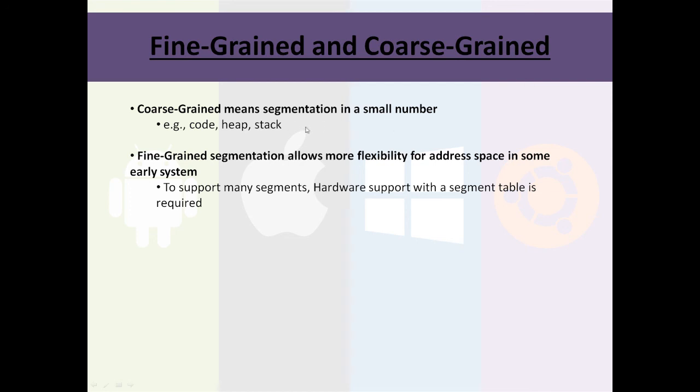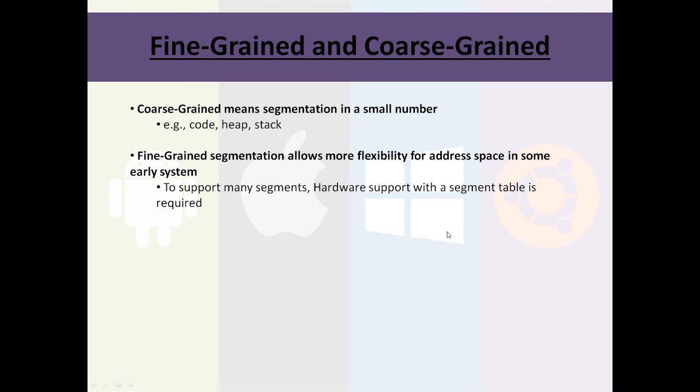But there are systems today which utilize a more fine-grained segmentation approach, which allows for more flexibility for address space in some systems. And this was to support many segments. Because we have many more segments, we need hardware support that includes a segment table.